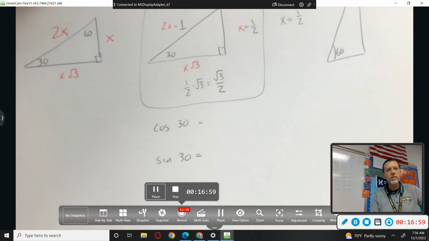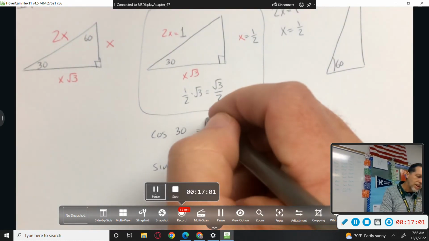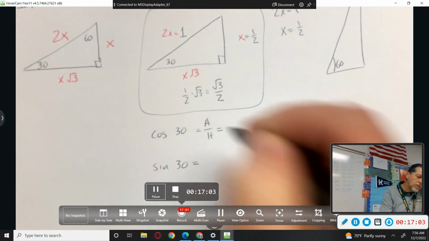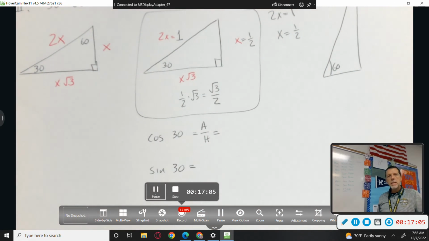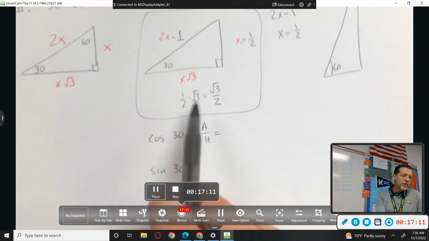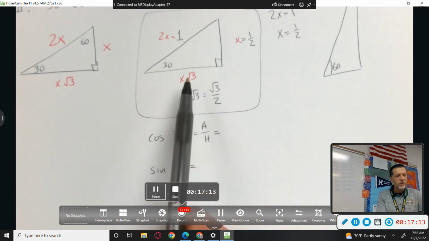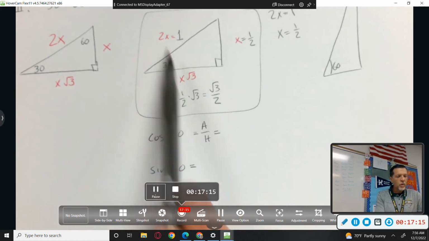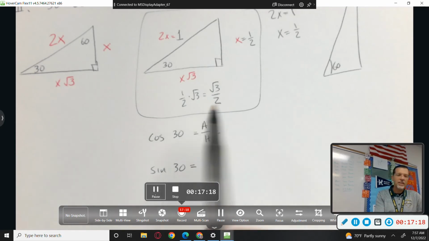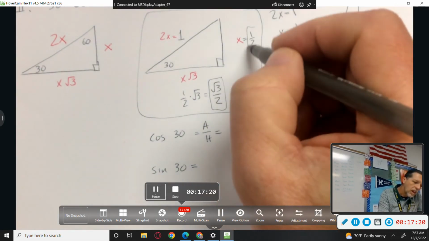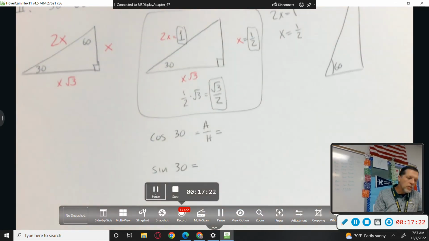So cosine is adjacent over hypotenuse. So which side is adjacent to 30? Well, you could use either one. You can use the x's, or you could use the side lengths. But let's use the side lengths. So what side length is adjacent to 30?